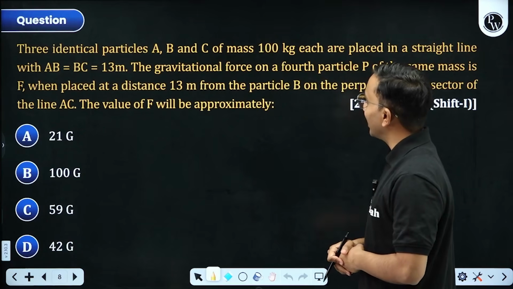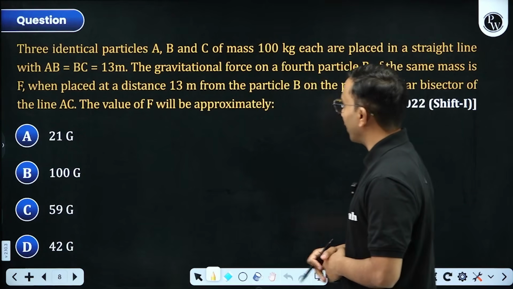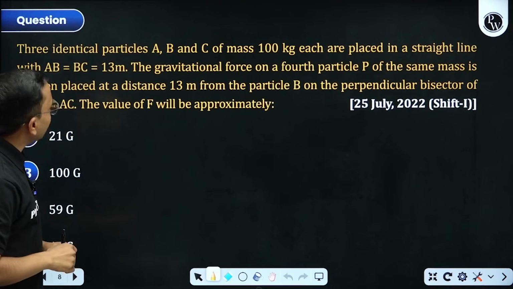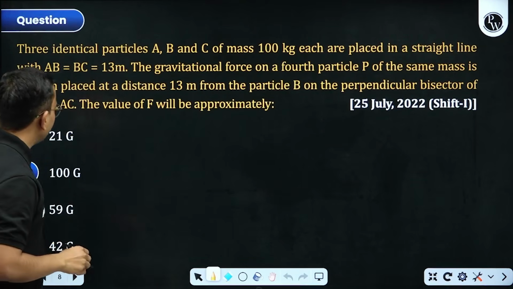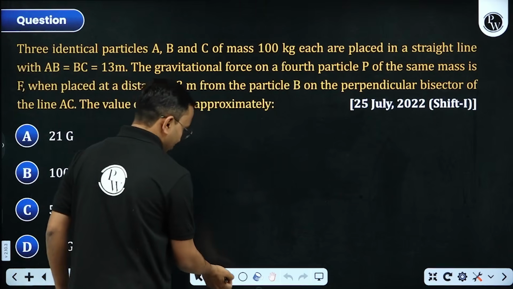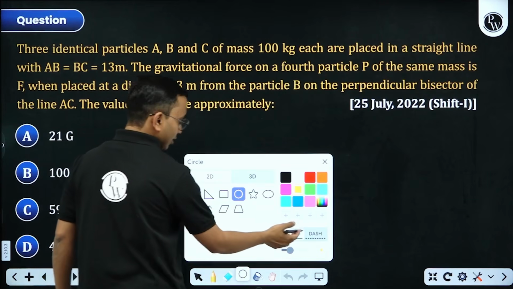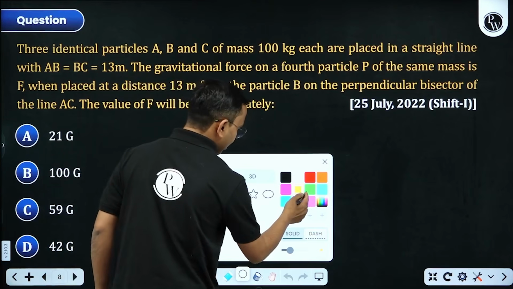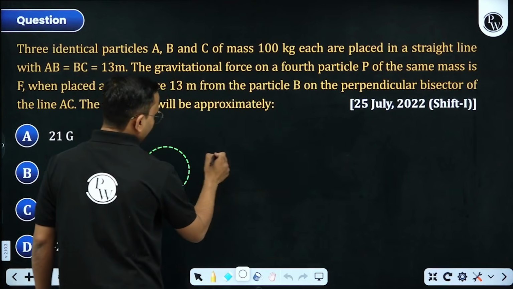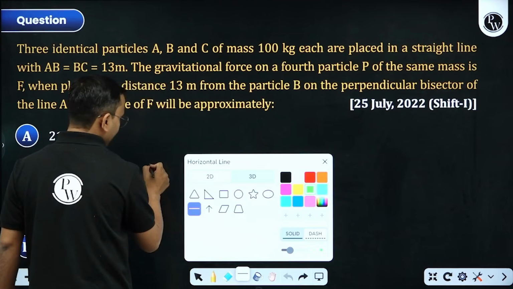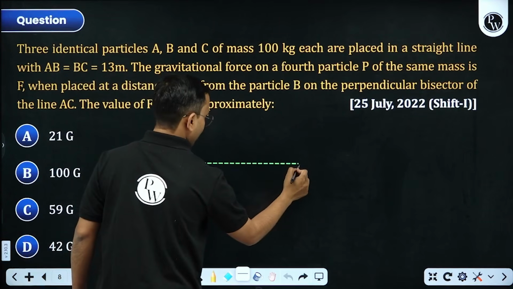We have three identical particles A, B and C, each of mass 100 kg, placed in a straight line with AB equal to BC equal to 13 meter. Let us draw them.